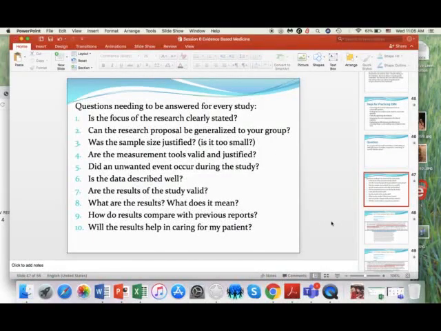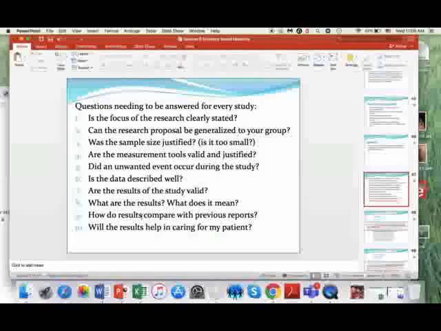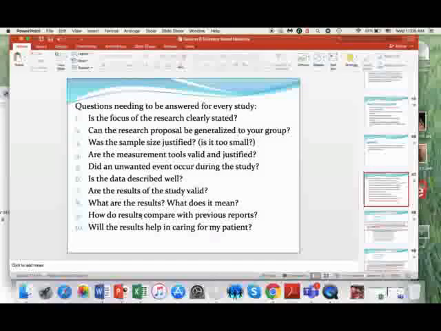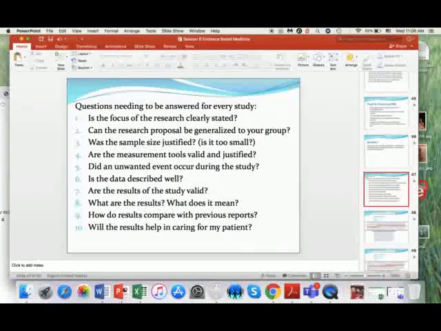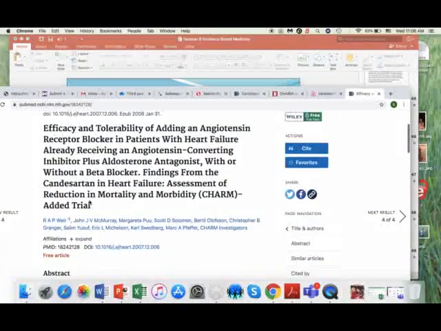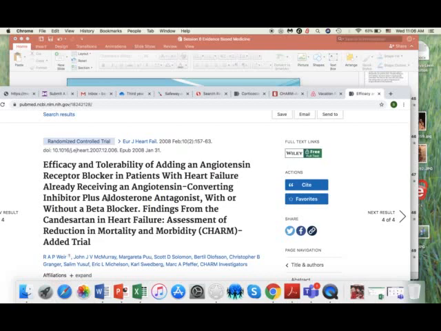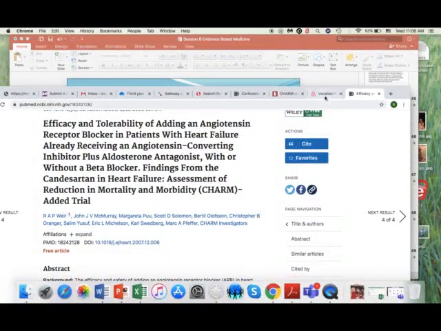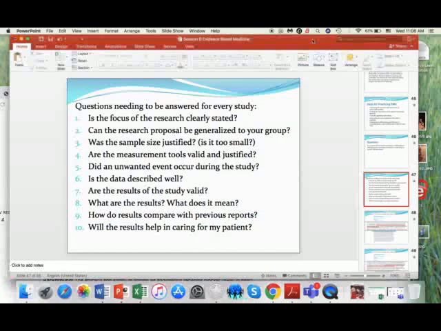Does this compare with previous reports? They didn't really have any studies before this. If we compare this study with later reports, it was actually shown that it doesn't make a difference. This was done in 2008. More recent studies have shown that it actually doesn't provide a benefit.